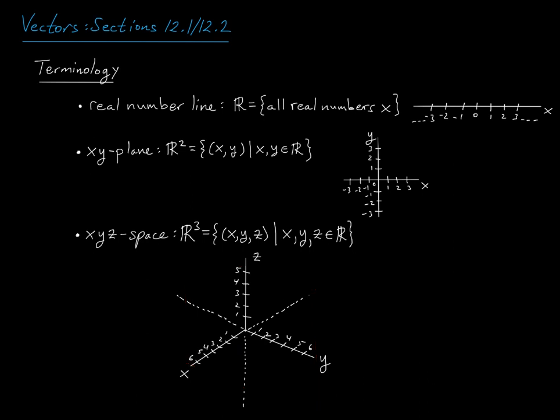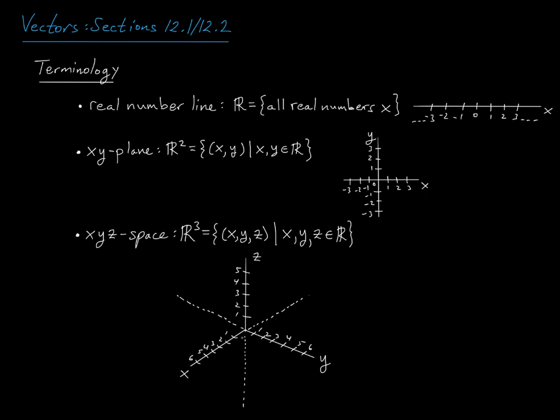All right, now these coordinate axes, the x, the y, and the z axes, they break up three-dimensional space into 8 what we'll call octants. In the xy plane, you have 4 quadrants. In space, you have 8 octants. Now the numbering scheme in the plane is quadrant 1, quadrant 2, 3, 4.